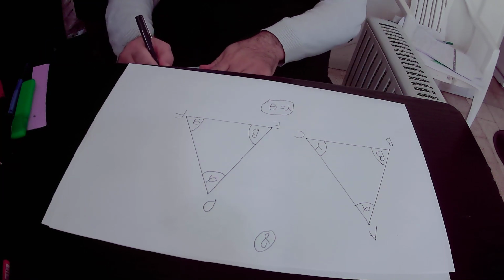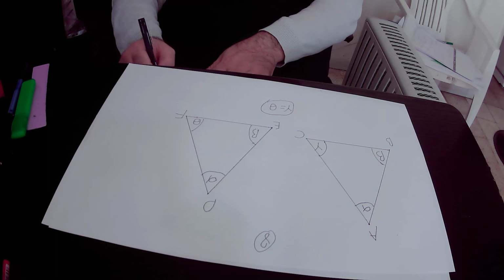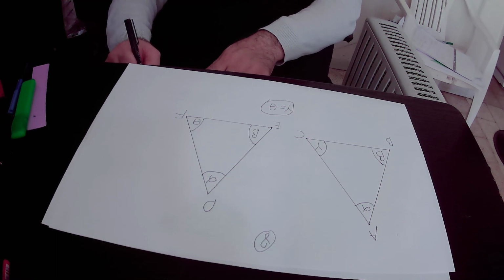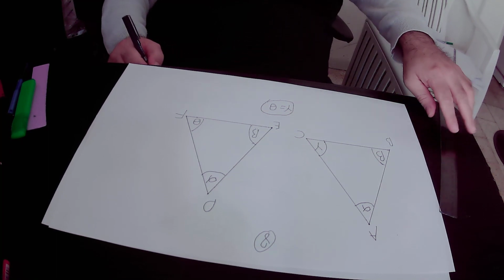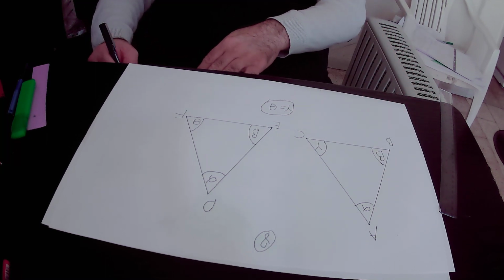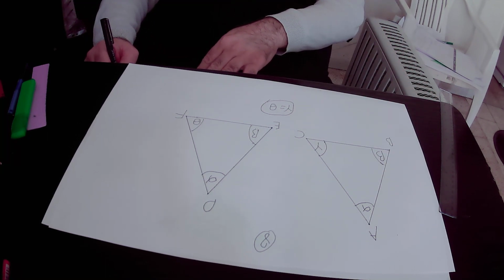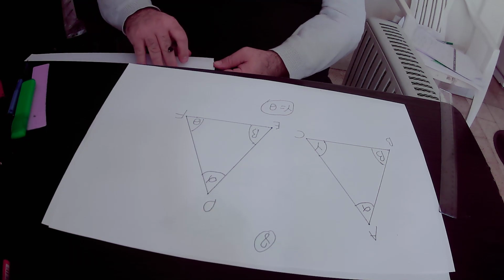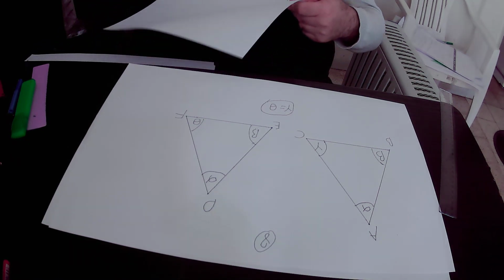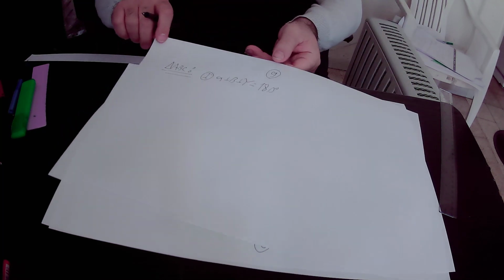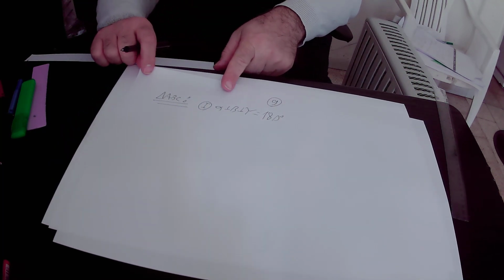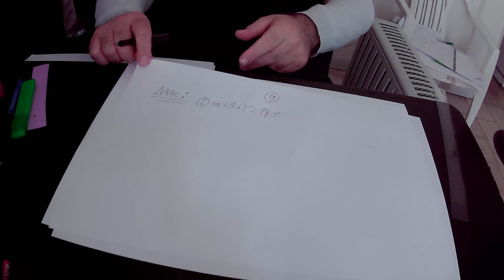That is to say, alpha plus beta plus gamma equals 180 degrees. According to the rule that the sum of the angles in any triangle equals 180 degrees, in triangle ABC the sum of its angles equals 180 degrees. That is to say, alpha plus beta plus gamma equals 180 degrees.